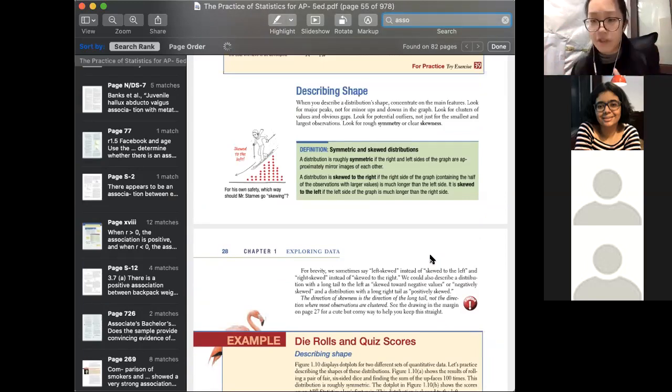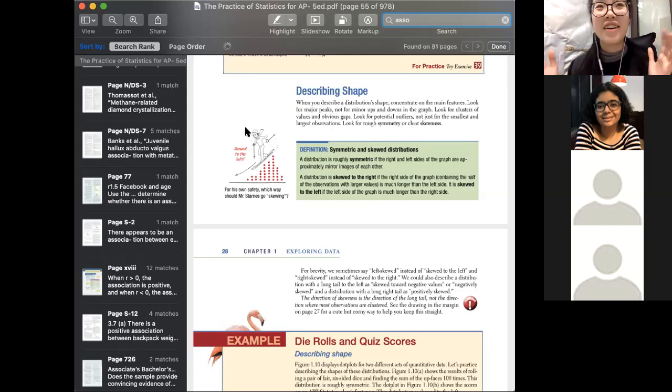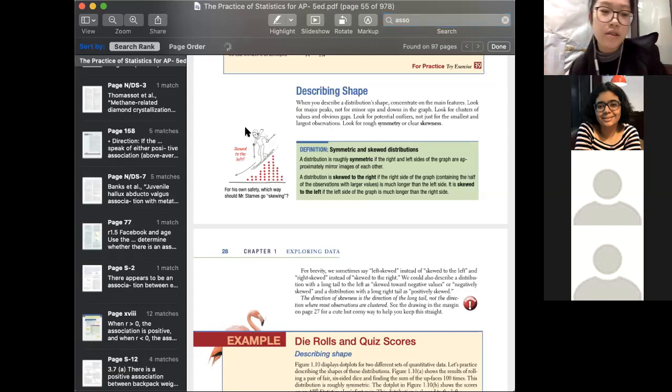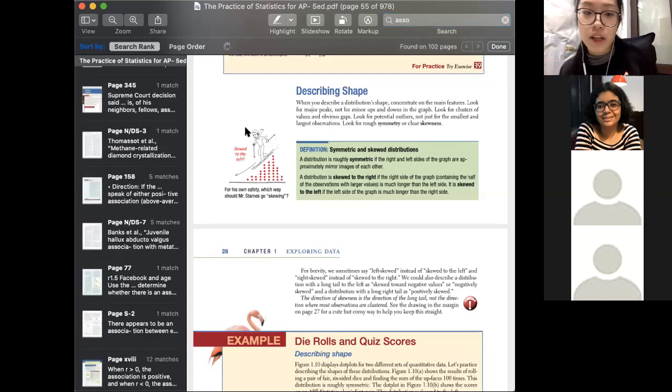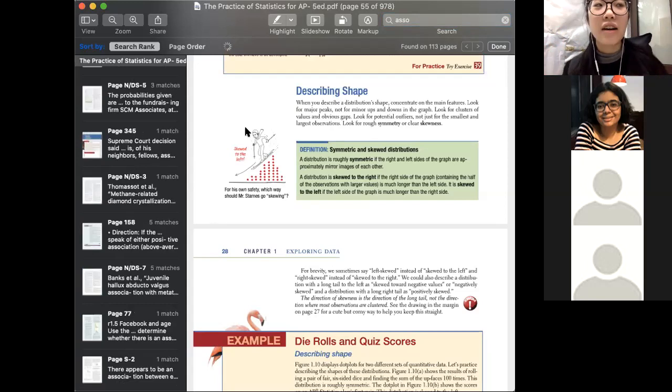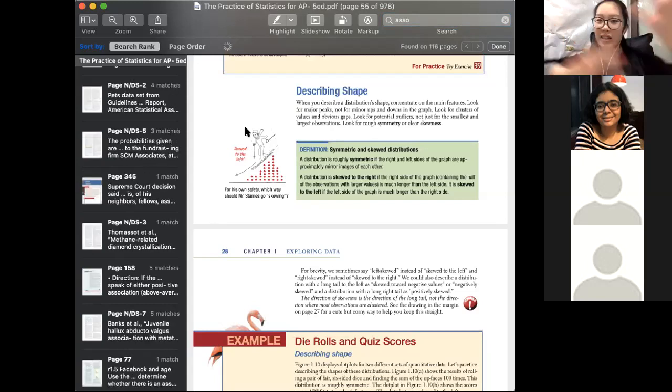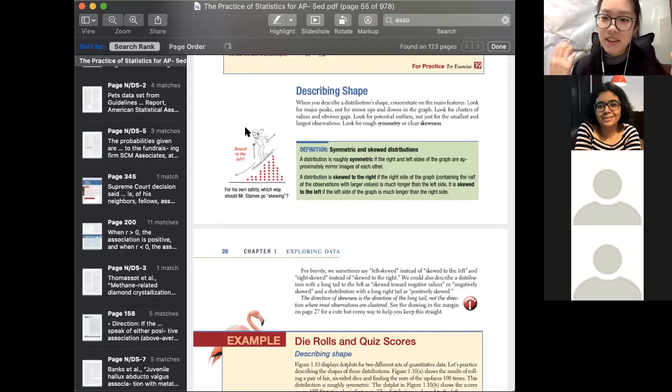If the coefficient of association is 0, that means you don't have association. A situation with no association is basically points that are completely random, where you cannot see any pattern. So the coefficient of association is 0.